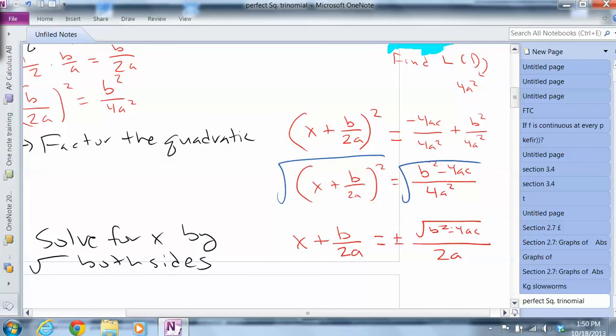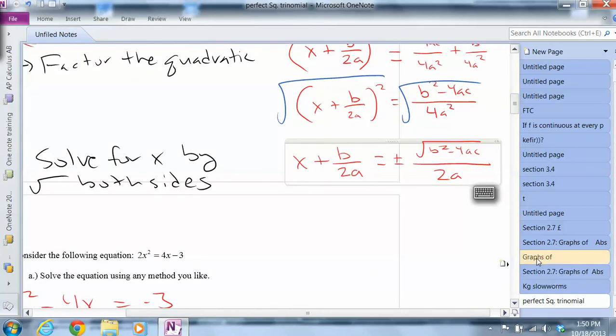And it has to have plus or minus. Why do we have to have plus or minus? Yeah, because you could have two different possibilities whenever you solve by square rooting. Trey, go ahead. Because there's a minus in the middle. That's why you'd be displaying the order of operations. So now we're almost there. We move the b over 2a to the other side.